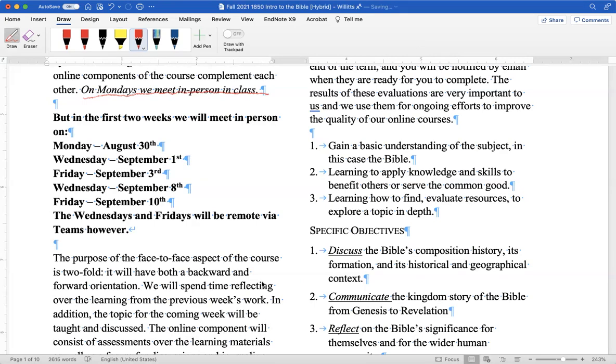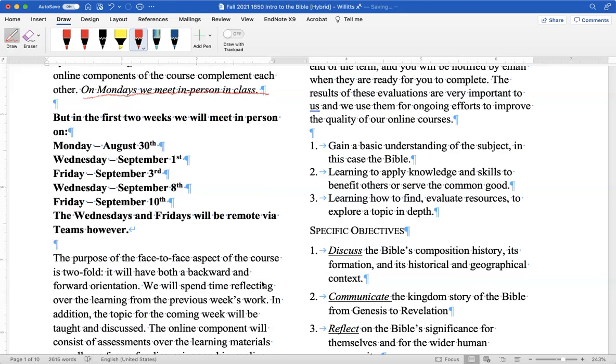We don't have class on Monday, the 6th, but then we'll have class Wednesday and Friday, again through Teams. So be aware that while traditionally we will only meet for class face-to-face once a week on Monday mornings at 8 a.m., for the first 2 weeks, we will be meeting Monday, Wednesdays, and Fridays: the 2 Wednesdays, the 2 Fridays, the 1 Monday.